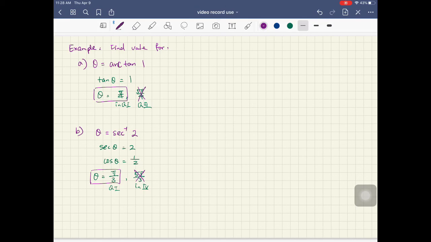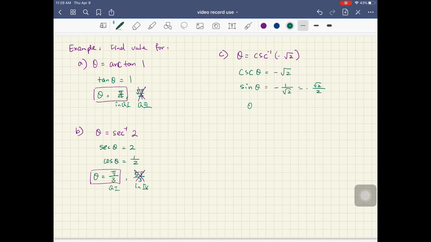Okay, we can also see another one, theta equals cosecant inverse of negative square root 2. That means cosecant of theta equals negative square root of 2. I'm not really familiar with cosecant, so I can rewrite it as sine of theta equals negative 1 over square root 2, or negative square root 2 over 2, which is more familiar.